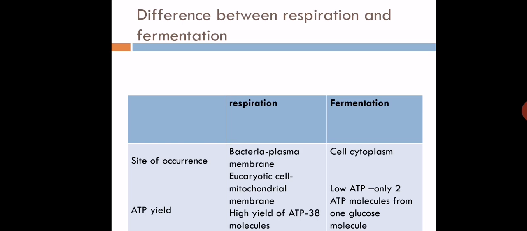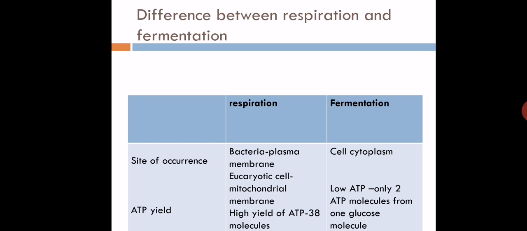So as the electron transport chain is located in the cell membrane, the site of respiration will naturally be the cell membrane, or plasma membrane. Whereas in eukaryotic cells, respiration occurs in the mitochondrial membrane, because eukaryotic cells possess mitochondria, while prokaryotic cells do not.